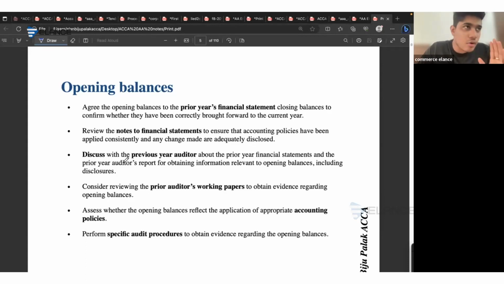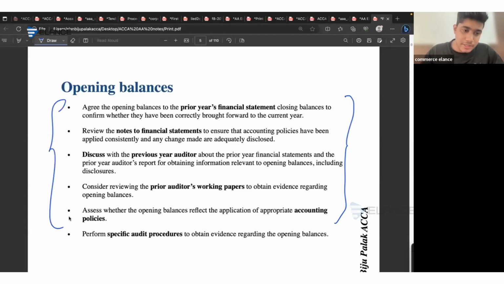When we are auditing a client for the first time, there's always a possibility that the client's opening balance might be misstated. When it is misstated, it is the auditor's responsibility to assess where there is an actual mistake. These are the procedures an auditor needs to perform to test the opening balance.